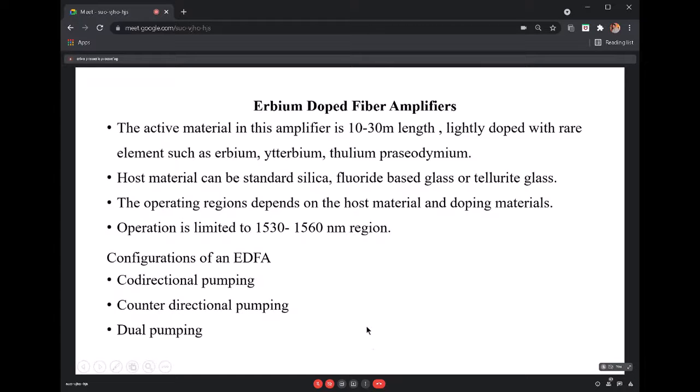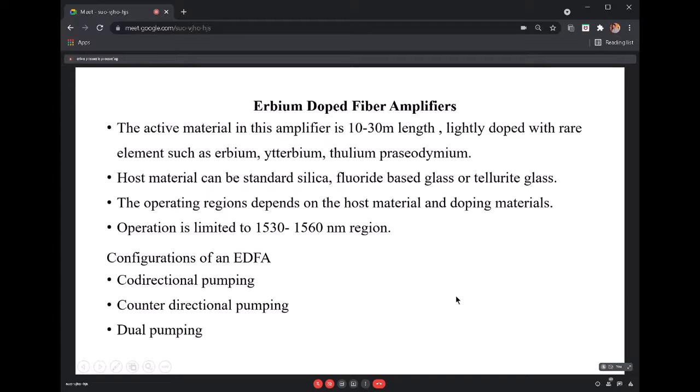To that you will be connecting one pump laser. So here the signal will initially be sent. There will be a stage where the wavelength selective coupler will select and excite. Then that will be given to the erbium doped fiber amplifier. That is one case, the co-directional.